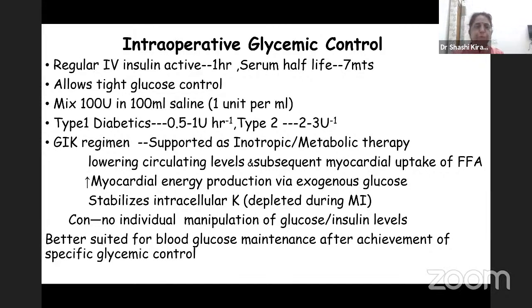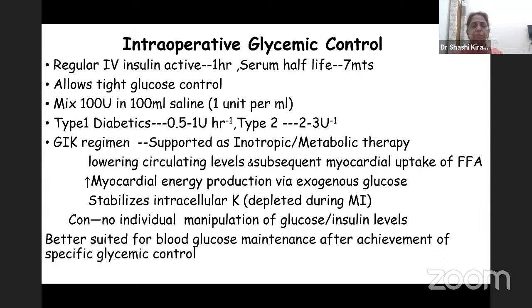Then I would also like to comment on the GIK regime, which is popularly used. It has been documented as inotropic and metabolic therapy in diabetic patients. How does it act? The mechanism of action is that it acts by lowering circulating levels and subsequent myocardial uptake of free fatty acids.